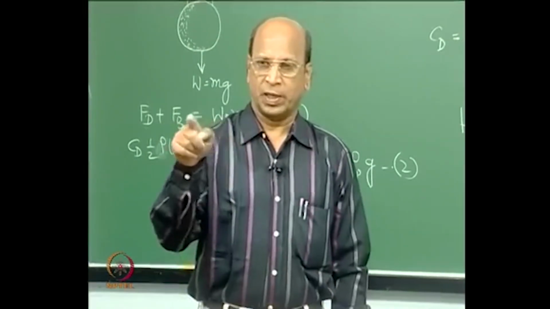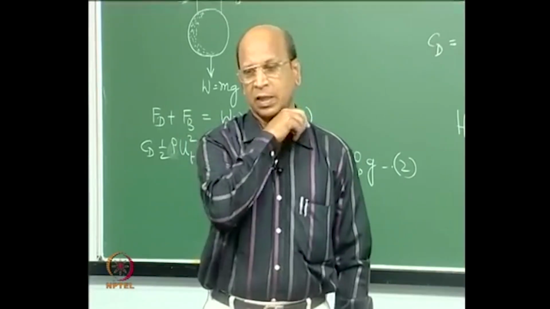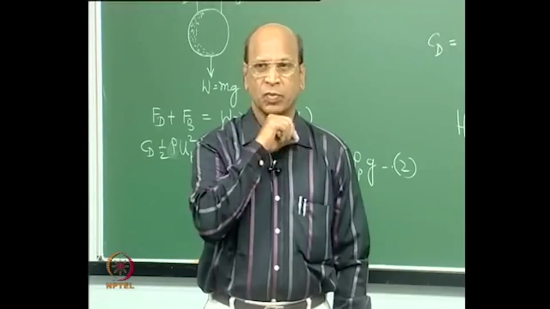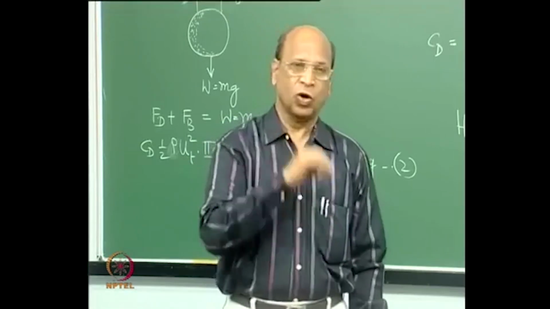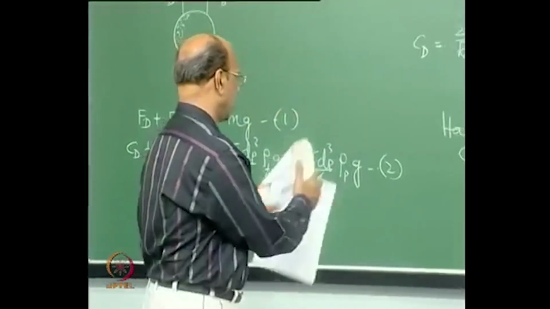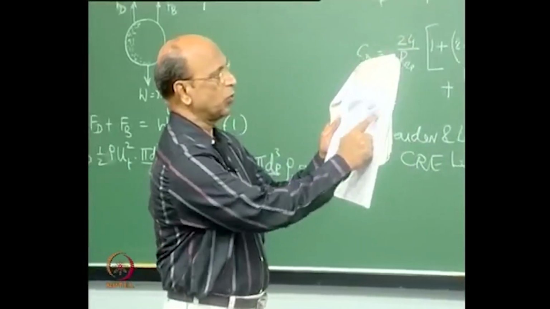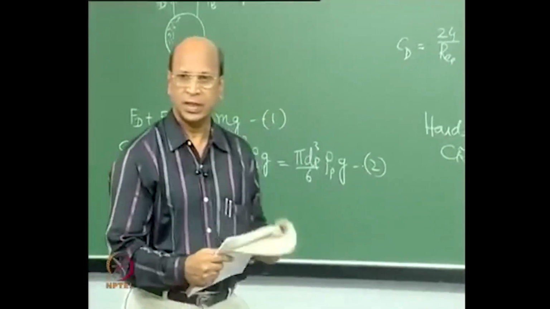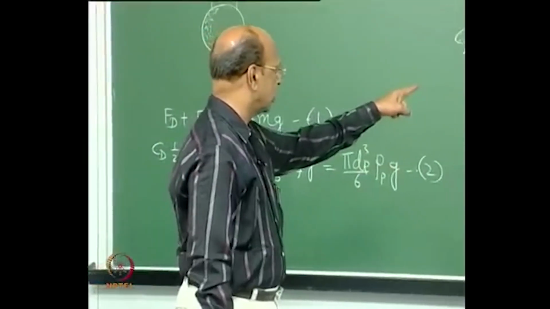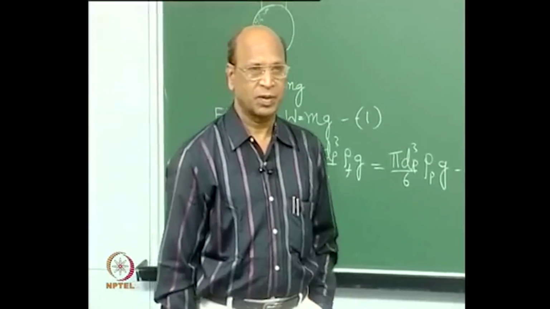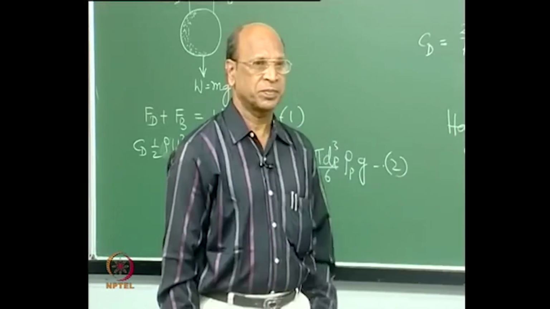So, rho f and mu are the fluid properties, rho p and dp are the properties of the particle, and g is the property of this planet. So, you know all the information, you can easily calculate and then read off what UMF or UT is, instead of solving. But anyway, this is not allowed in the examination; you have to use this equation to calculate if UT is asked. And who knows, tomorrow there may be a surprise test asking this.